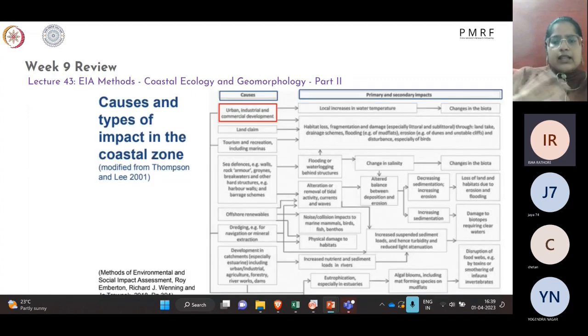So these are some examples of what sort of causes lead to primary and secondary impacts. So, for example, urban, industrial, and commercial development can lead to local increases in water temperature, and this can cause changes in the biological composition of the coastal area.